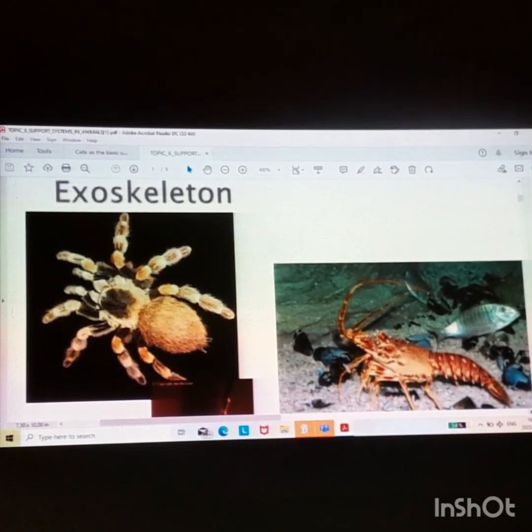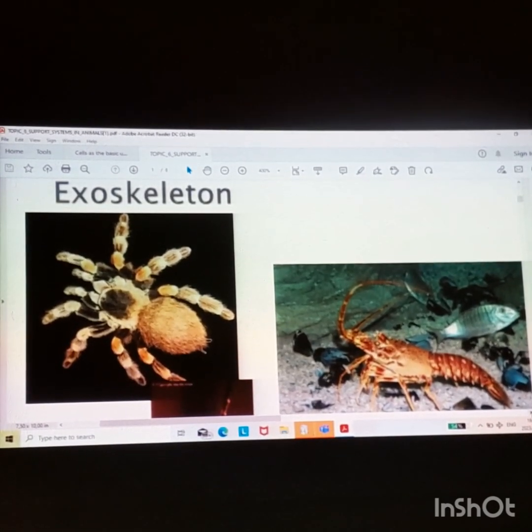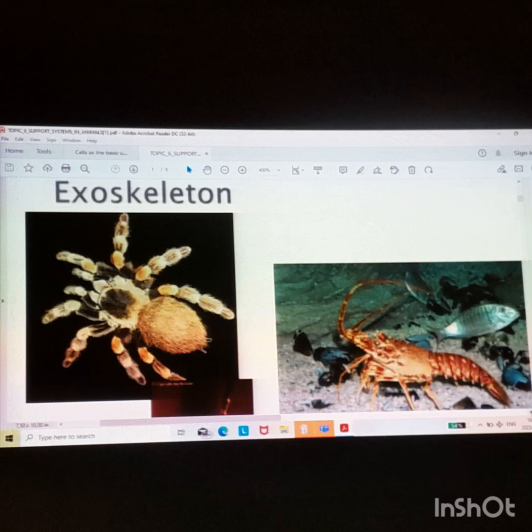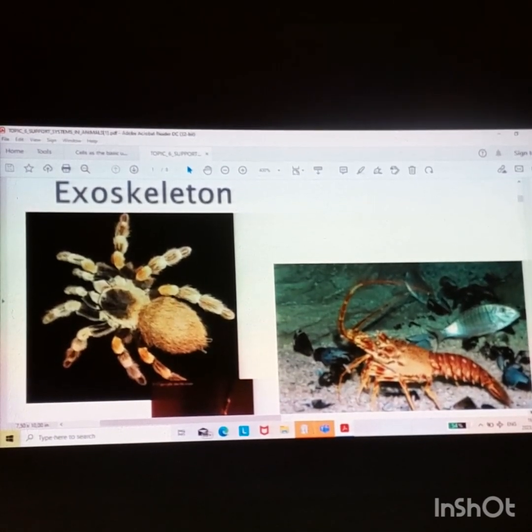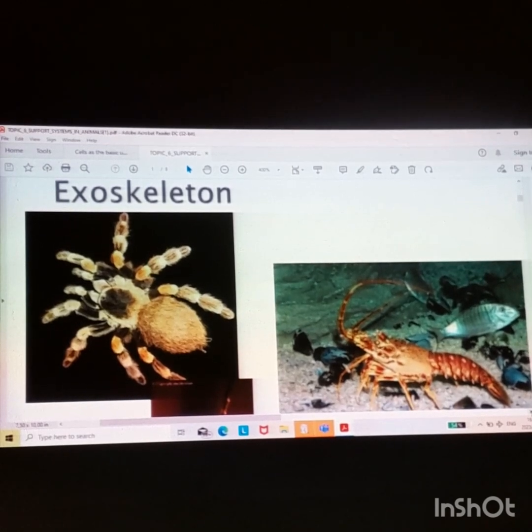And the other advantage is that muscles are attached to this external skeleton, meaning that when you see a crab or a snail, that external skeleton consists of muscles.